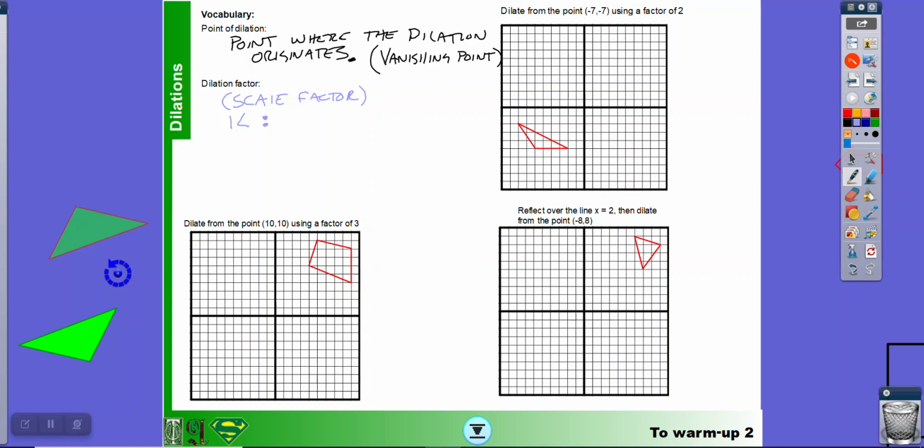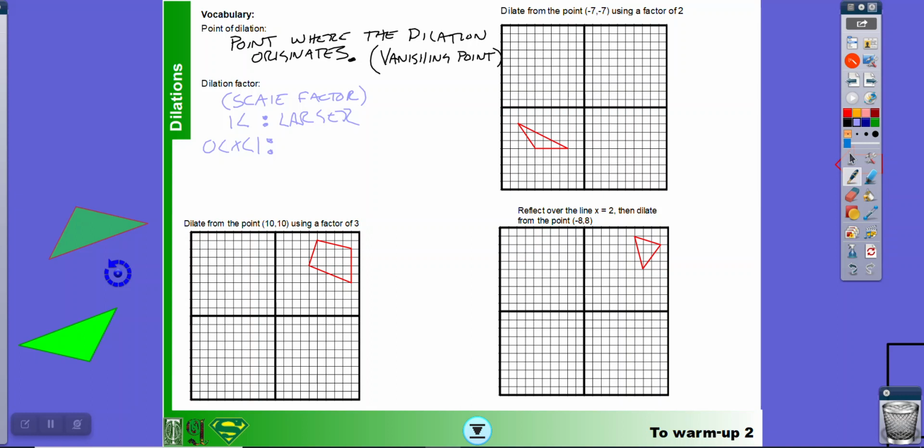It's going to get larger. If you have a dilation factor that is between 1 and 0, what will happen to your figure?